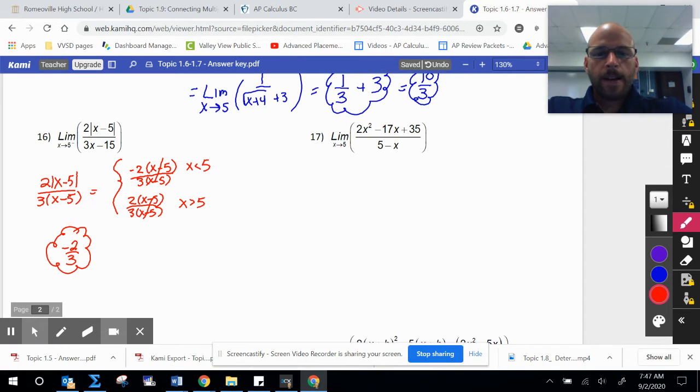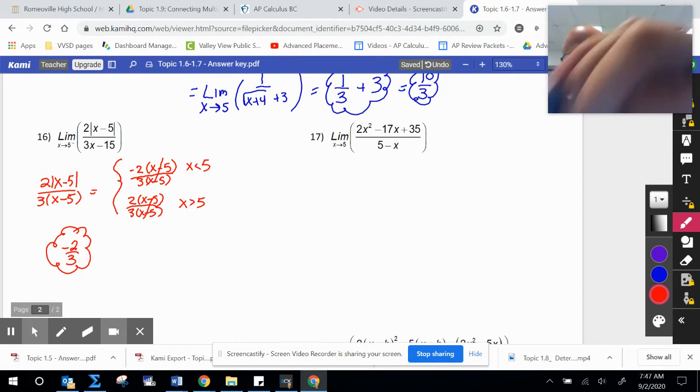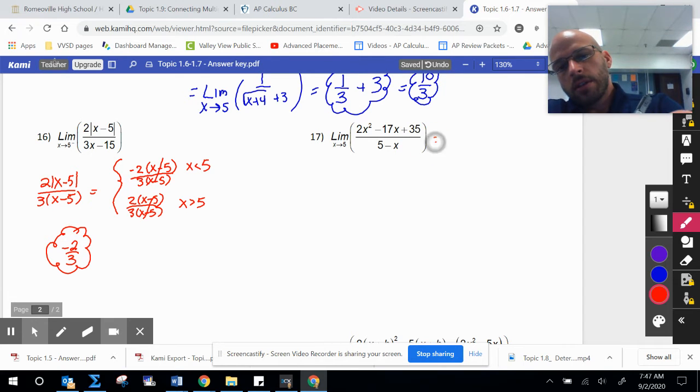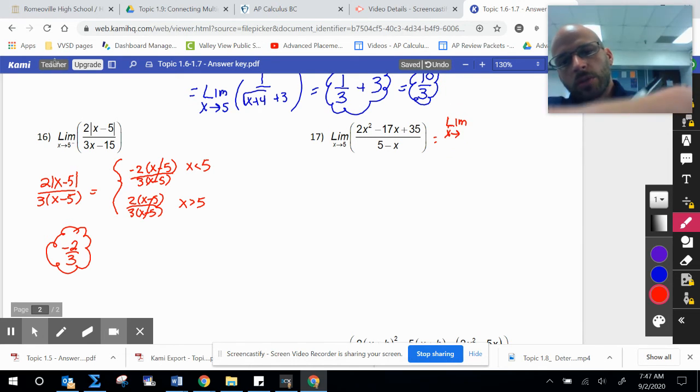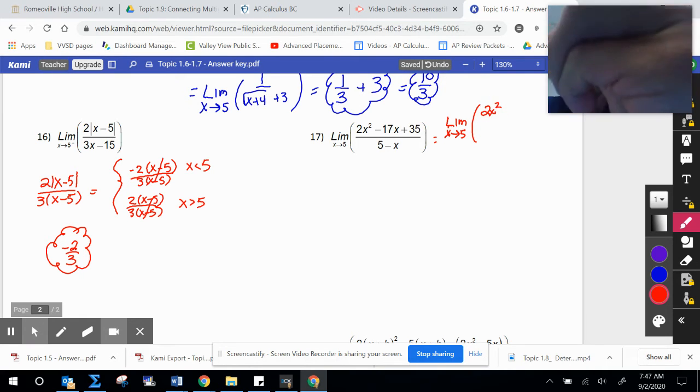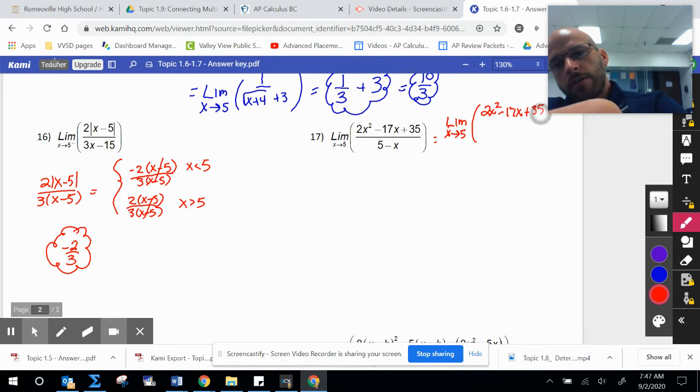Okay. Number 17, let's check indeterminate. So I have the limit as x approaches 5 of 2x squared minus 17x plus 35.